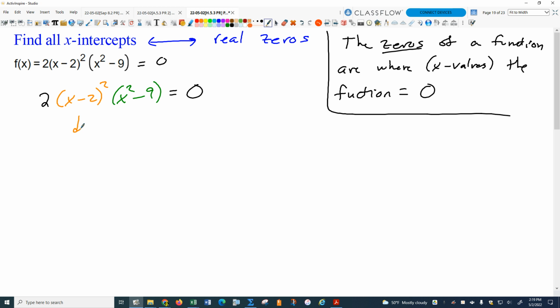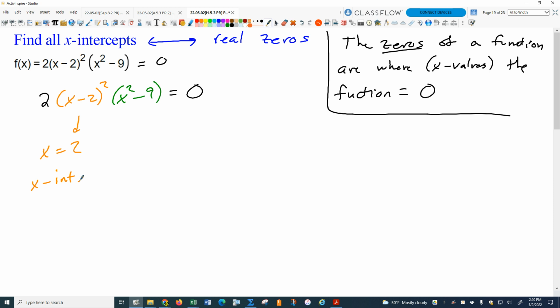In other words, what are the values of x that are going to make the orange and the green factors equal to 0? Okay. Well, the orange one, that's pretty easy. X minus 2 equals 0 when x equals 2, right? So we get 1, 0 at x equals 2. That's a real 0, so that constitutes an x-intercept, right? If the zeros are real, they show up as x-intercepts on a graph.